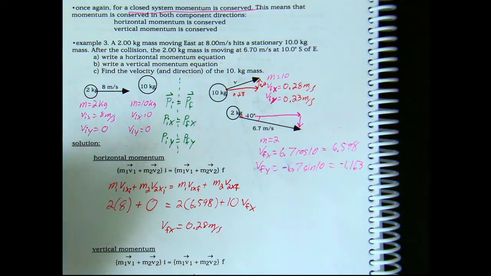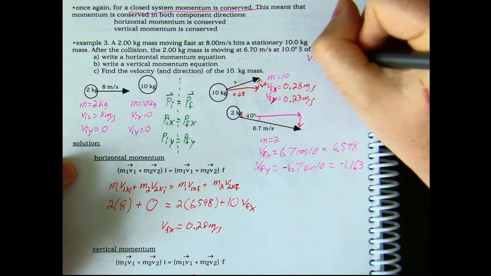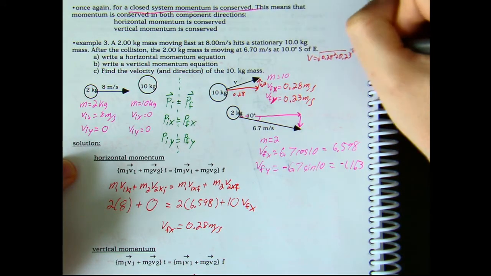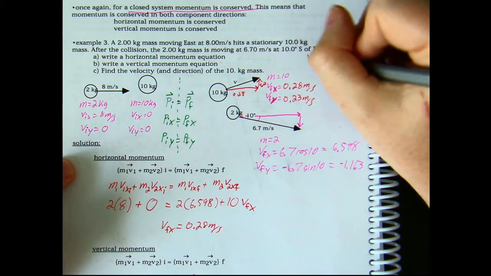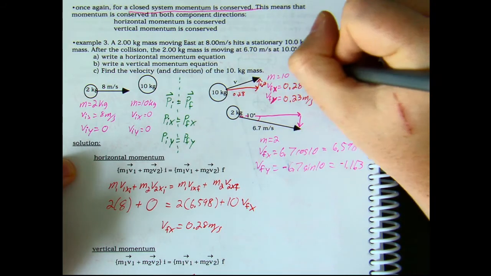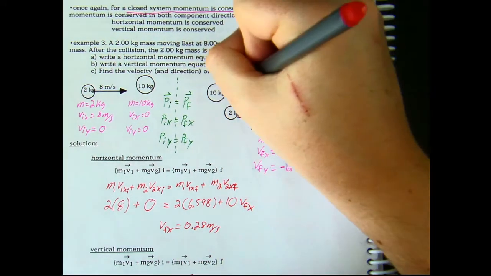That's really hard to see. We want to get the magnitude of the velocity here, so we're going to get v equals the square root of 0.28 squared plus 0.23 squared. And so we're going to get a velocity of 0.364 meters per second. Our velocity. And then we want this angle in there.